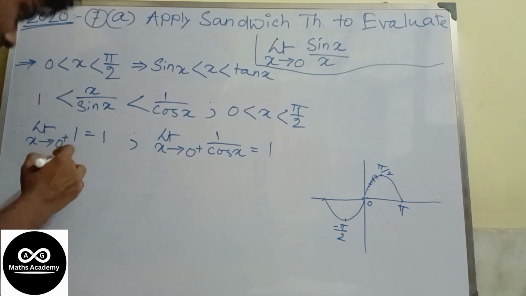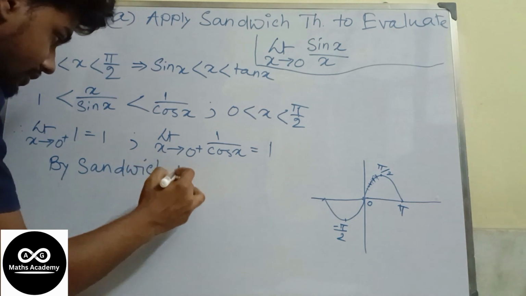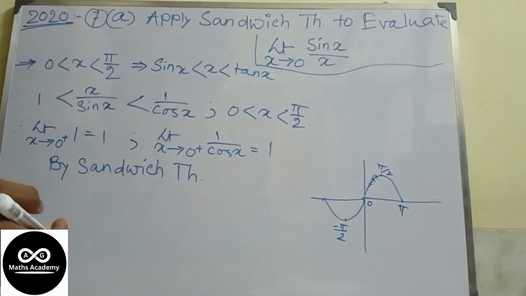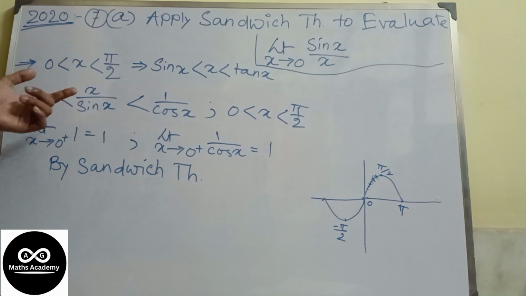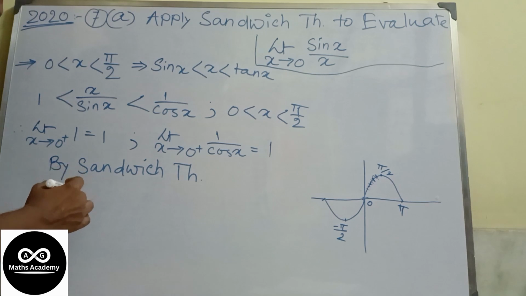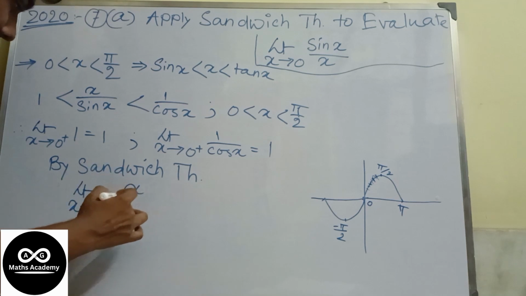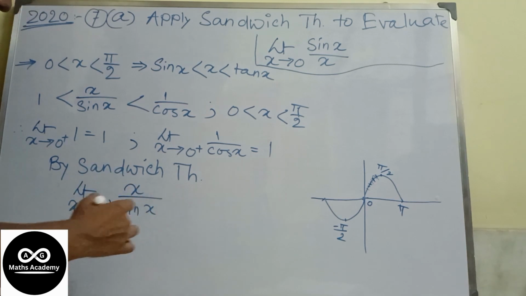So by sandwich theorem or squeeze theorem, since both outer functions tend to 1, the limit as x tends to 0 plus of x by sin x will also be 1. So this is the right hand limit.